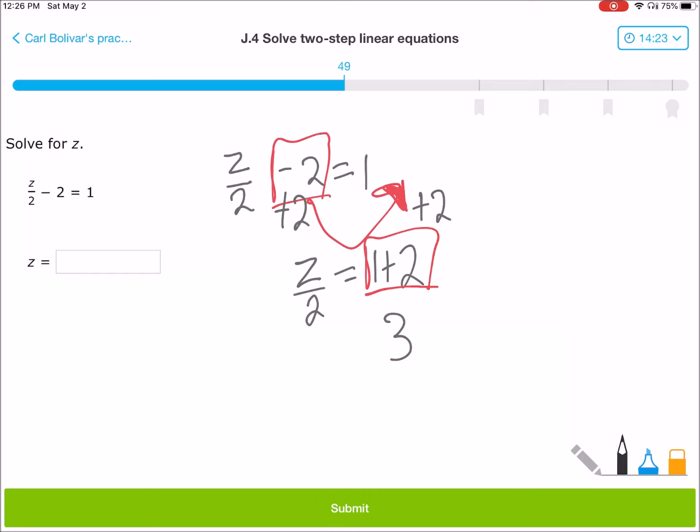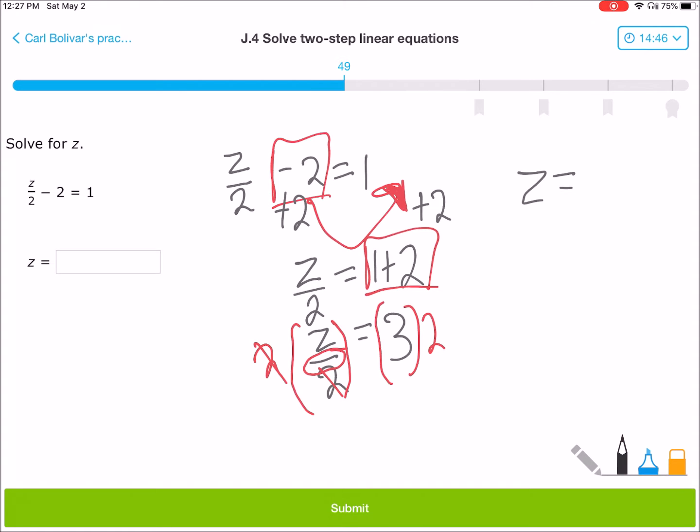So then 3z over 2, we simplify, and then we write it out again. Then, since there's this division sign here, we multiply by 2. We multiply by 2. And then we get z is equal to 3 times 2, which is 6.